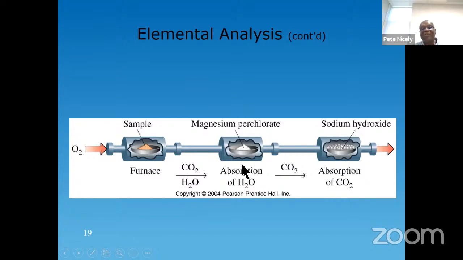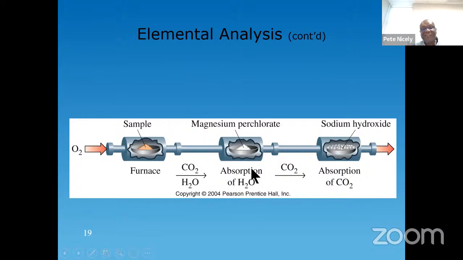Now, the next compartment contains a substance which can absorb water. In this case, it's magnesium perchlorate. And I think there's another substance that can be used alternatively. I don't remember what it is. But in any case, the magnesium perchlorate will absorb the water that is emerging from the furnace.